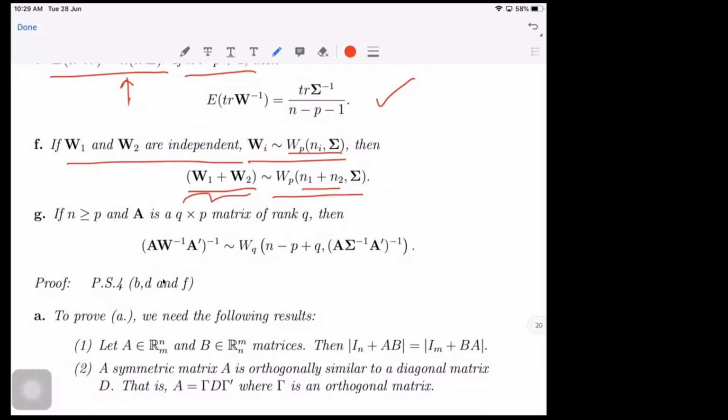So it is closed under addition. If you expand that, in the univariate case, the sum of independent chi-squares is still chi-square, but the degrees of freedom will be the summation of the ni's.